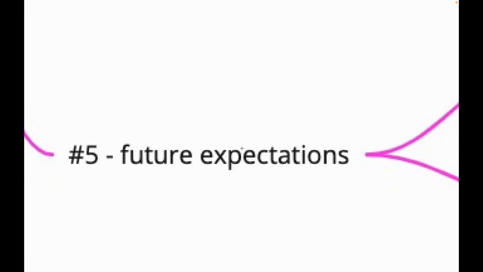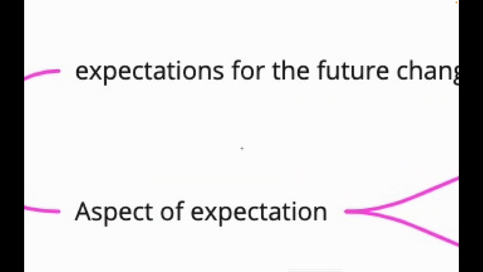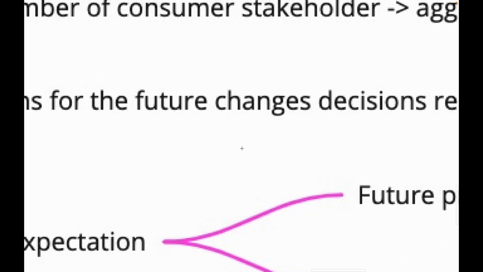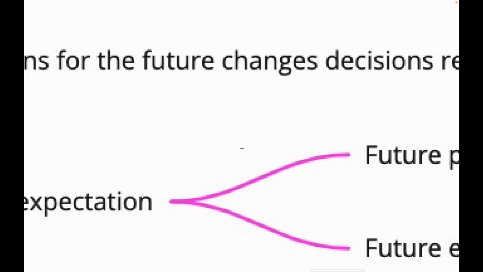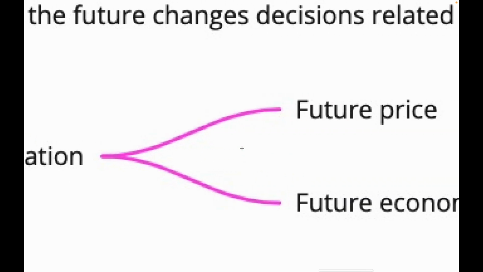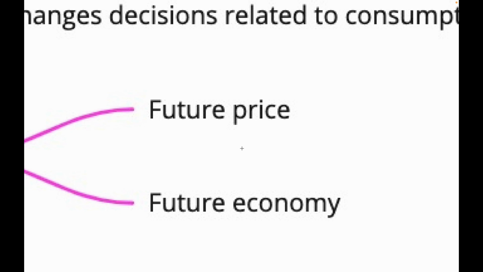And lastly, but not least, future expectations. These refer to expectations about the future, which can affect the demand for goods and services. And there are two areas of expectations. One is expectations about the price.